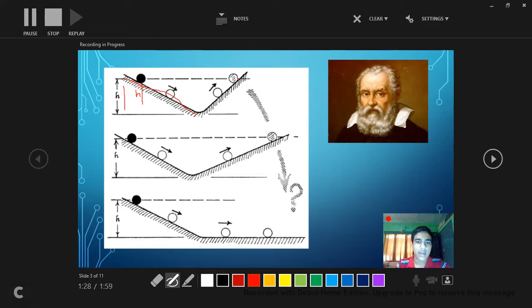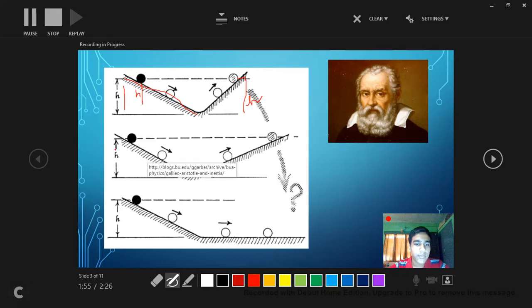The ball will try to gain the same height again, so it will roll until it reaches the same height. If a ball is rolled down an inclined plane, it will try to get the same height, and the distance may be increased, but it has to gain the same height.